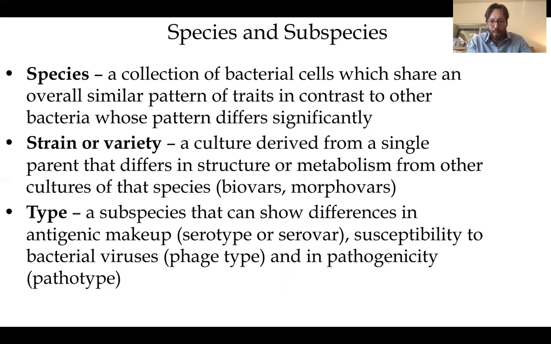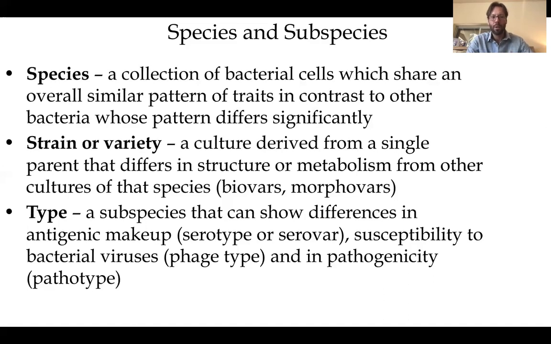A type is a subspecies that can show differences in its antigenic makeup. Okay, so again, same species, only it elicits a different reaction in the host. Okay, it might have a different degree of pathogenicity, and we'll talk about that again when we get into E. coli and the different types of E. coli, the different serotypes, and how they each elicit different degrees of pathology.